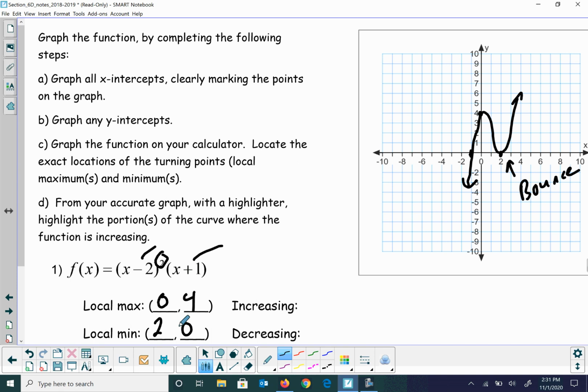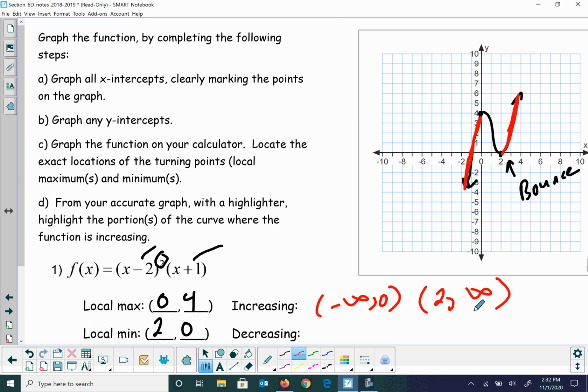And then they want to know, where is it increasing? Right here, we're increasing coming up on that max. So from negative infinity to 0, we are increasing, and then we're also increasing from 2 to infinity.